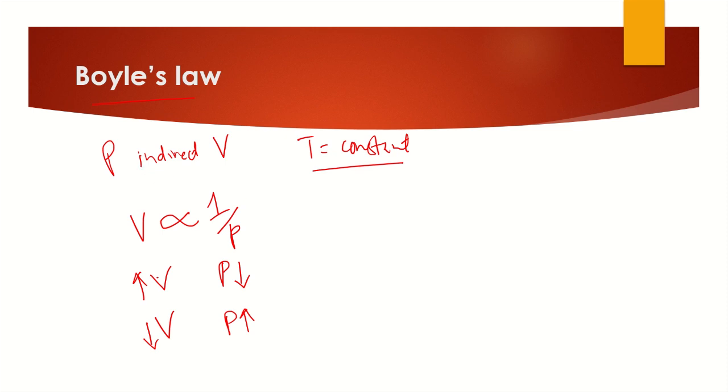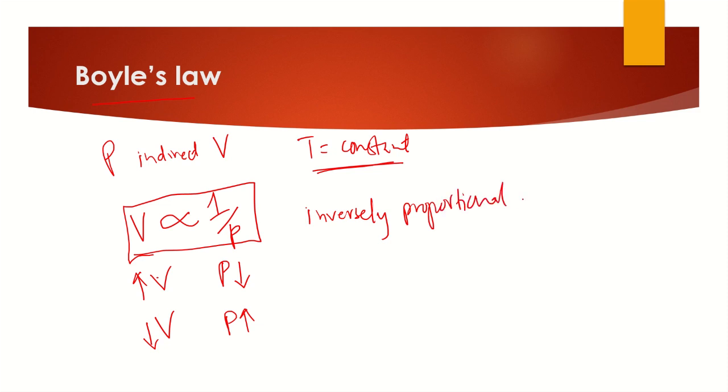So this is what Boyle's law states: at constant temperature, the volume of the gas is inversely proportional to pressure. Inverse means indirect.